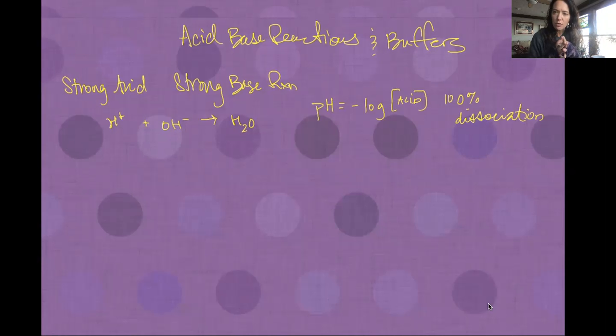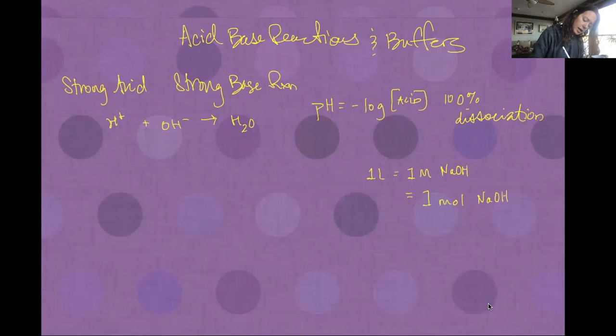the stoichiometry of that. So, I might have a volume and a molarity. So we could keep it simple. Let's say that I have 1 liter of 1 molar NaOH. That equals 1 mole of NaOH.